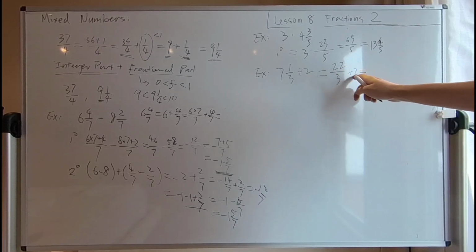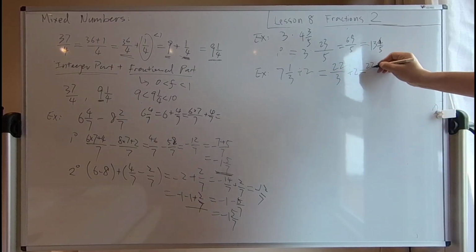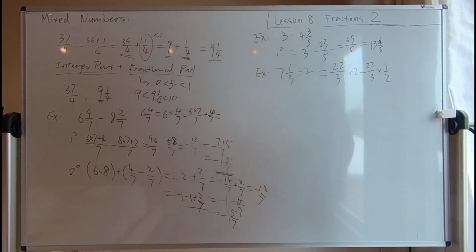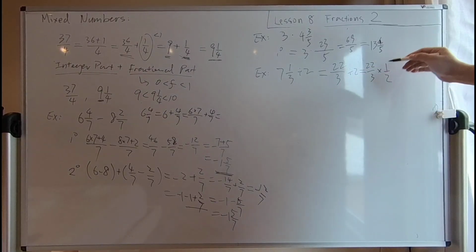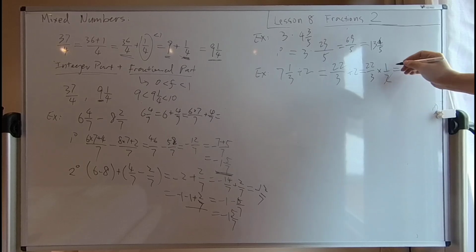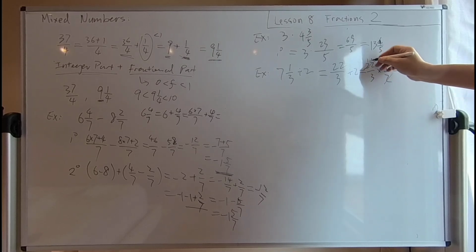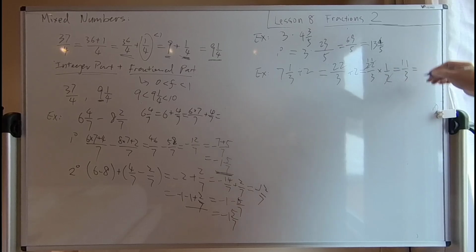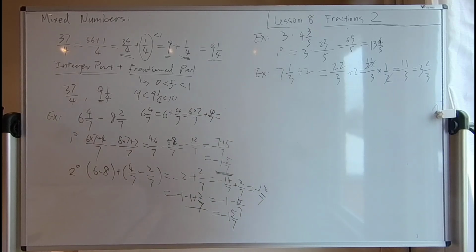Here I can use 22 divided by 2 directly, but if you want to use the techniques we just learned for fractions, that's equivalent to times 1 over 2, and then a factor of 2 will be cancelled out between these two numbers, and you have 11 over 3 left. And then 3 times 3 is 9, so 11 divided by 3 is 3 with a remainder of 2. So 3 and 2 over 3.